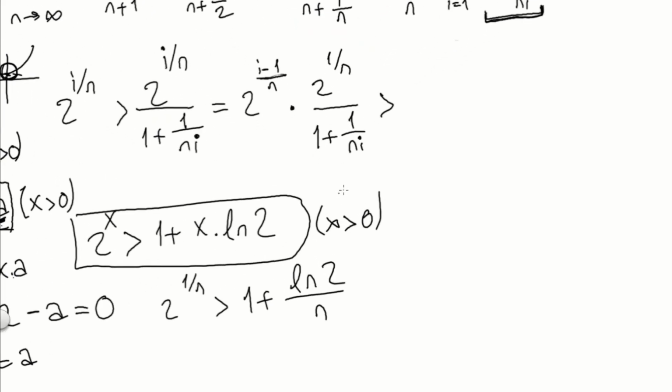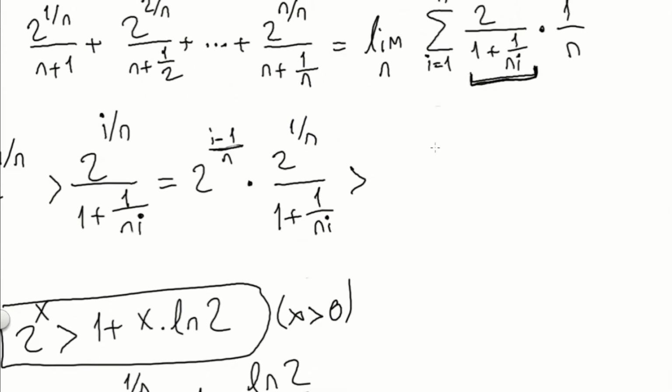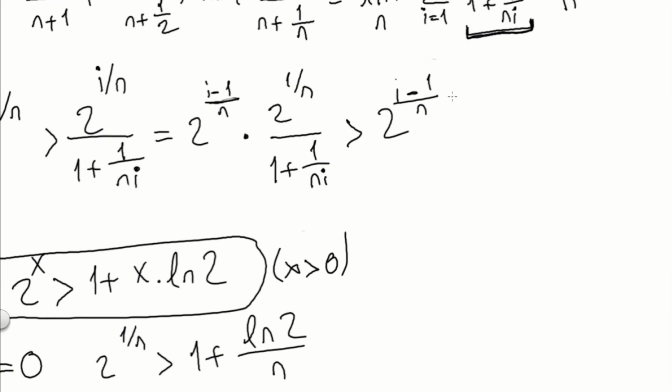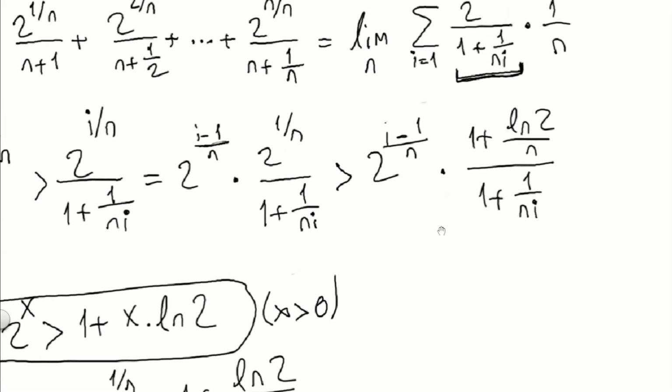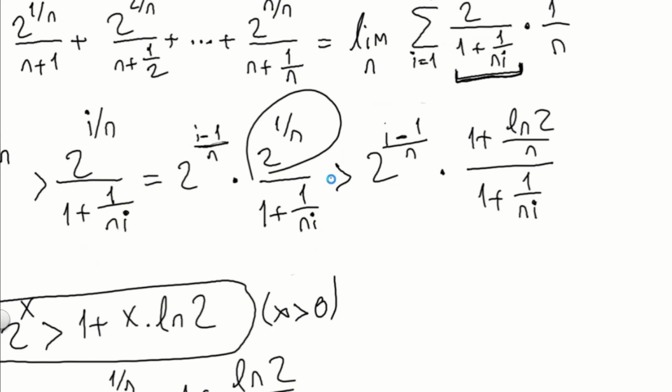This is bigger than 2 to the, so this is just the same. I want to keep this thing over n, and I find that this thing is just times 1 plus ln 2 over n, 1 plus 1 over ni.